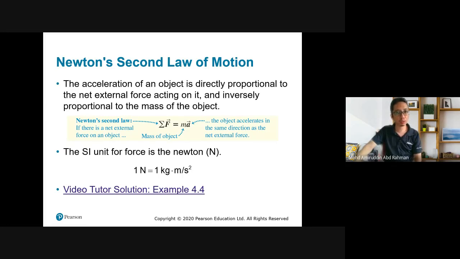That's how you quantify it. So the sum of forces equals the mass of the object times the acceleration. Okay, let's look at an example.